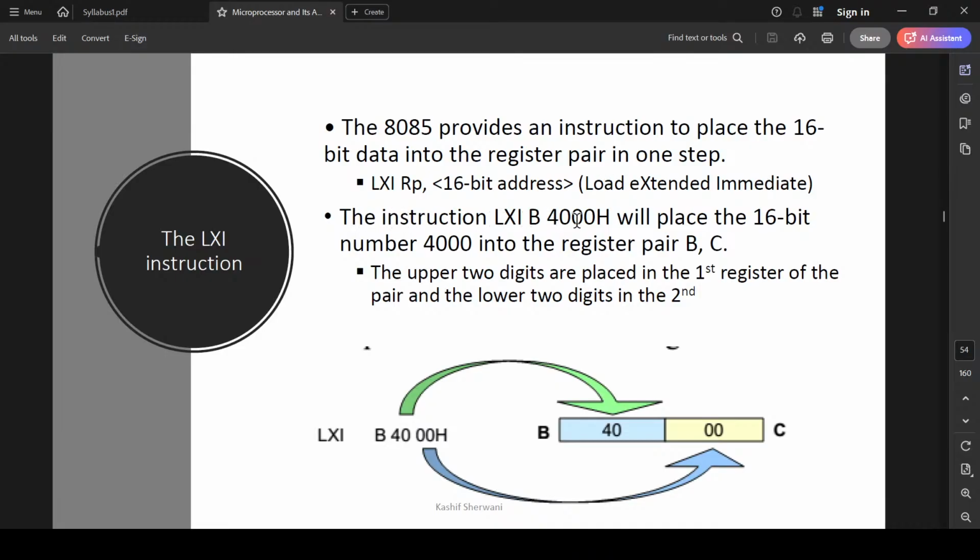LXI B 4000H will place the 16-bit number 4000 into the register pair B and C. So 40 will go into B and 00 will go into C. It just copies this only.